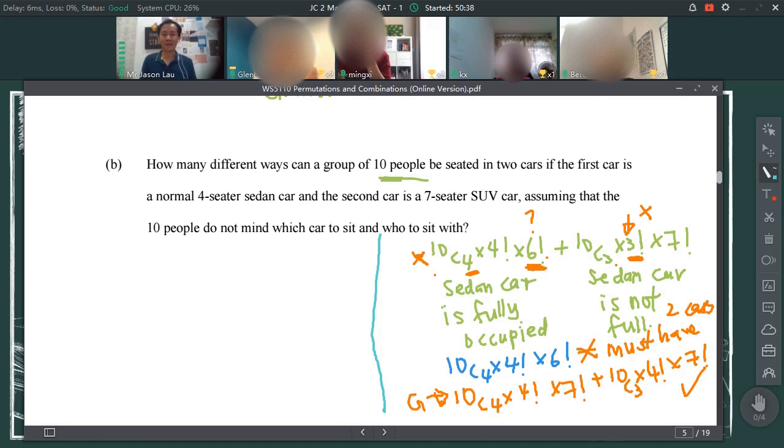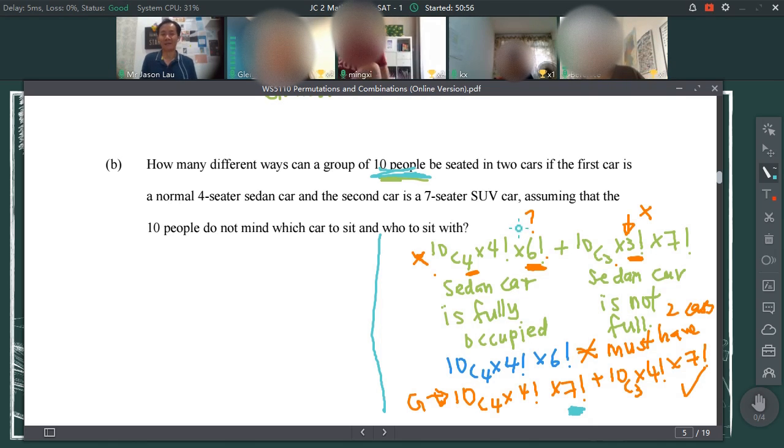Any question? Like, why do you have to times 7 factorial afterwards? Because there are 7 seats, even though there are only 6 people. So pretend that the empty seat is also a person.